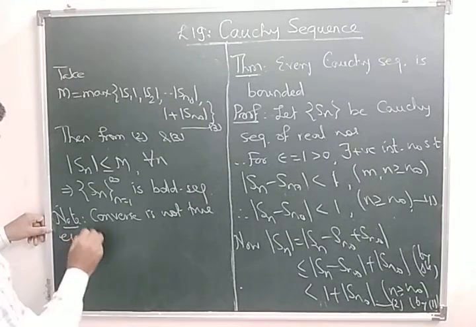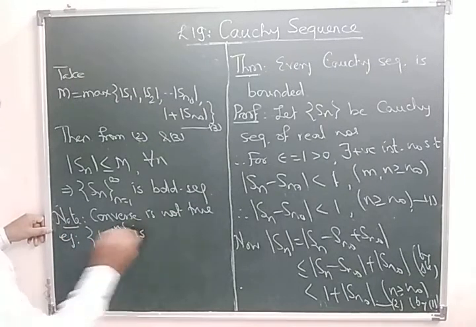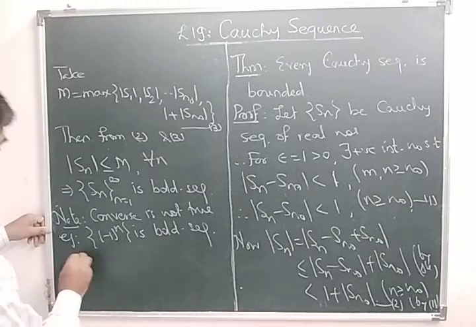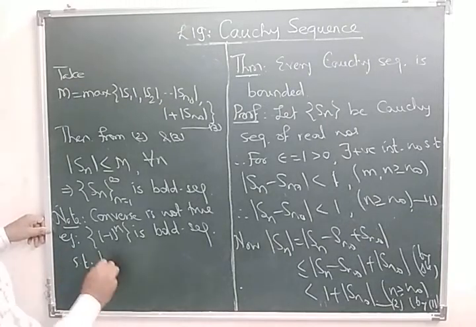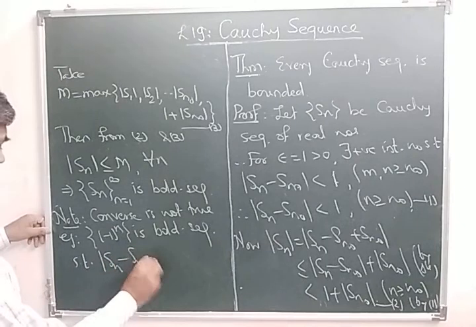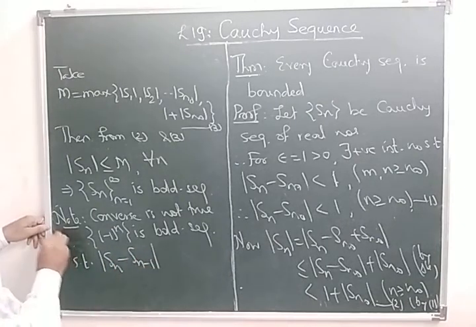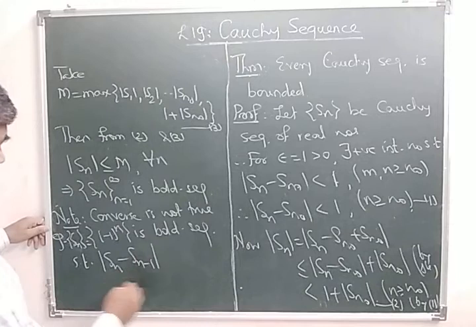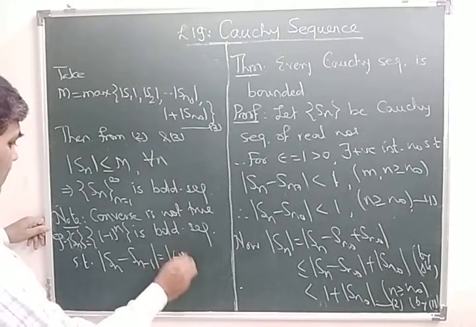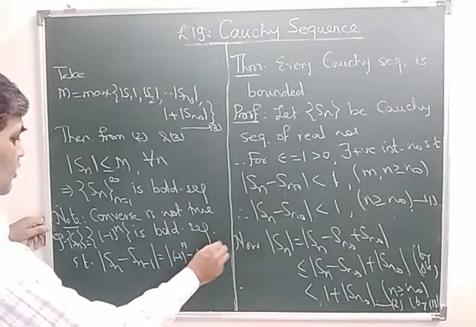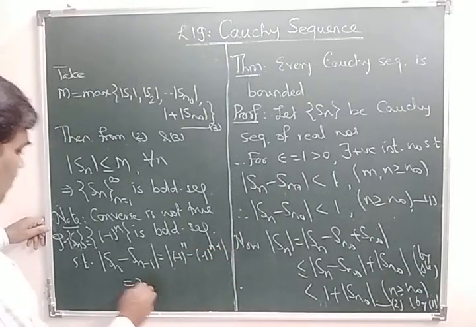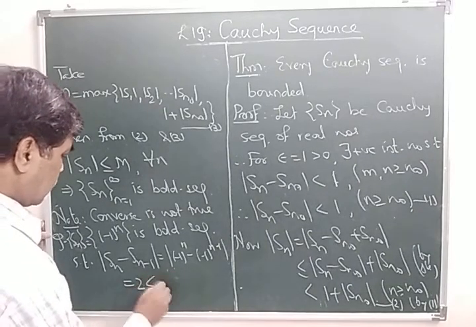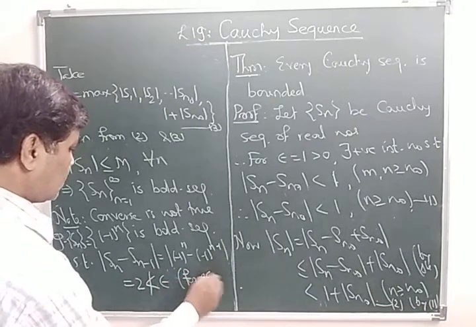For example, minus 1 raised to n is a bounded sequence, such that mod of Sn minus S(n minus 1), if I take this to be Sn, this must be minus 1 raised to n minus minus 1 raised to n minus 1, which is 2 for every n, not less than epsilon, for epsilon with 0 less than epsilon less than 2.